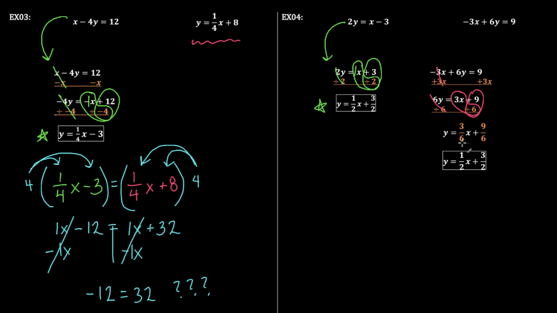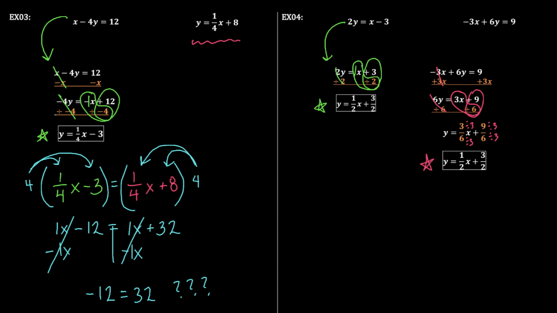I reduced these fractions, though. So divide by 3, divide by 3, and divide by 3 here also. The 3 and the 6 have to be divided by the same number, and the 9 and 6 have to be divided by the same number. It's just coincidence that these are 3 and these are 3.